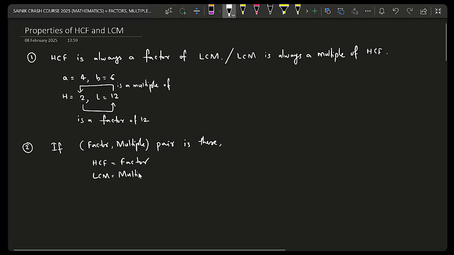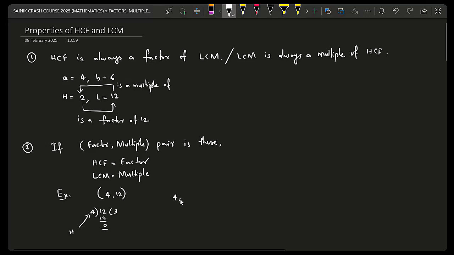You need not do any process. For example, consider the numbers 4 and 12. I want to find the HCF and LCM. How will you find HCF? With 4 we divide 12. 4 3s are 12, remainder is 0. So we got the HCF is 4.